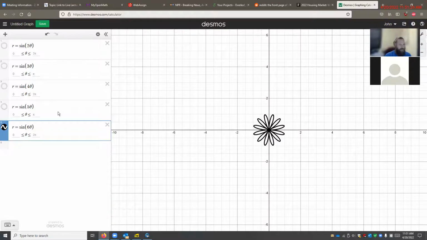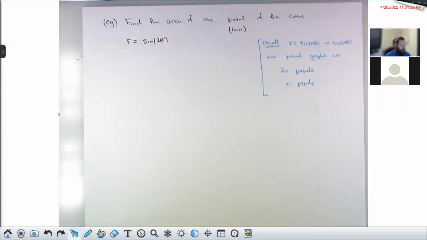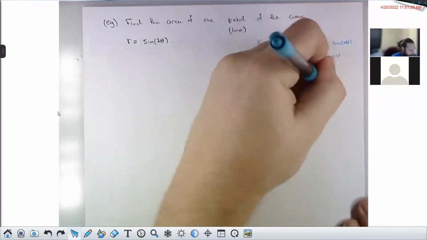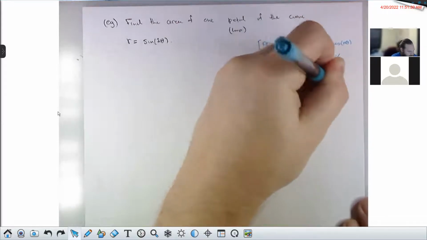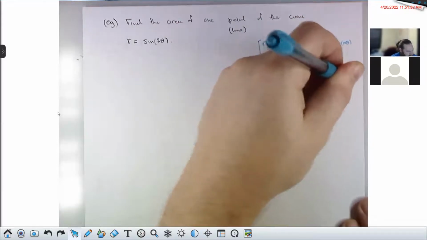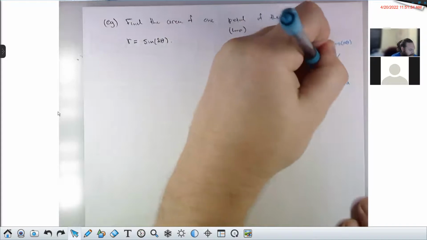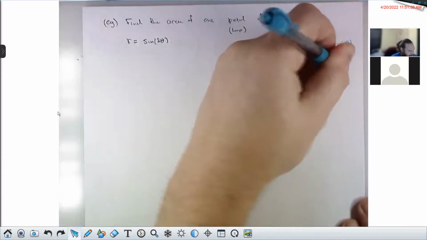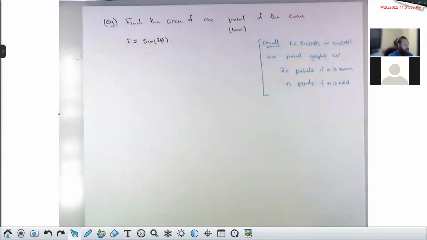If n is odd, then you'll have n petals. And if n is even, you'll have 2n petals. So the sine of 2 theta is going to be a petal graph with 4 petals.